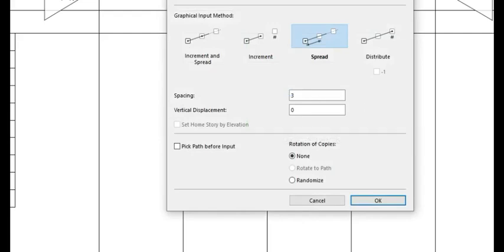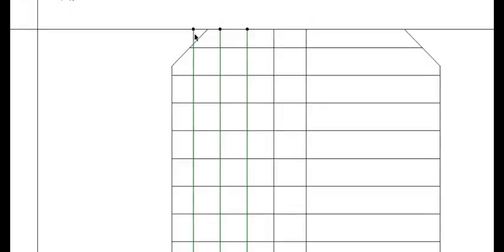Just trim that and extend upwards. Let's extend and distribute them. That shall place like that.